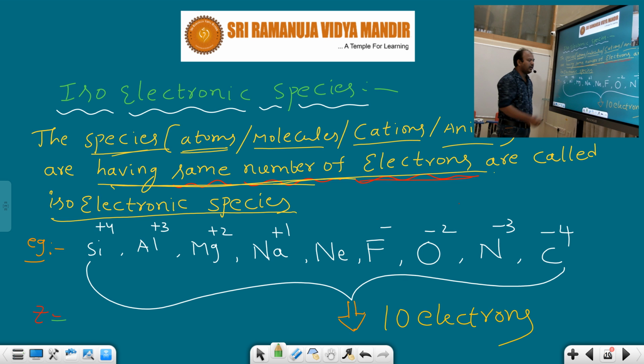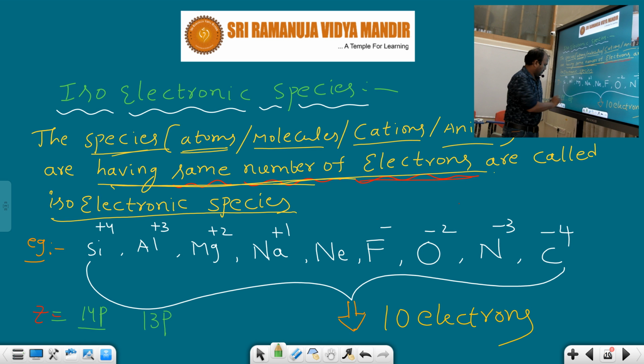Silicon atomic number how much? 14. That's why it has 14 protons. Aluminium atomic number 13, so 13 protons. Magnesium atomic number 12, so 12 protons.